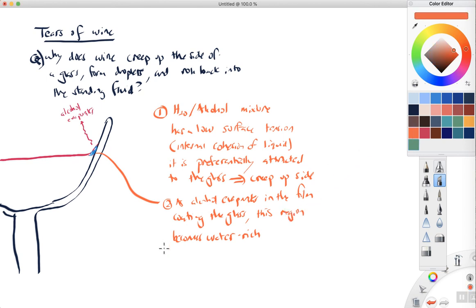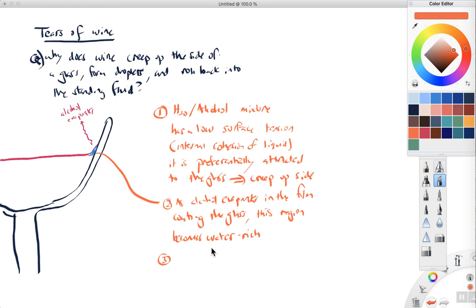I guess we could call this step 3. When it becomes water-rich, because the alcohol has a lower tendency to bind to itself, it has a lower surface tension than water. What happens is this becomes very cohesive to itself.